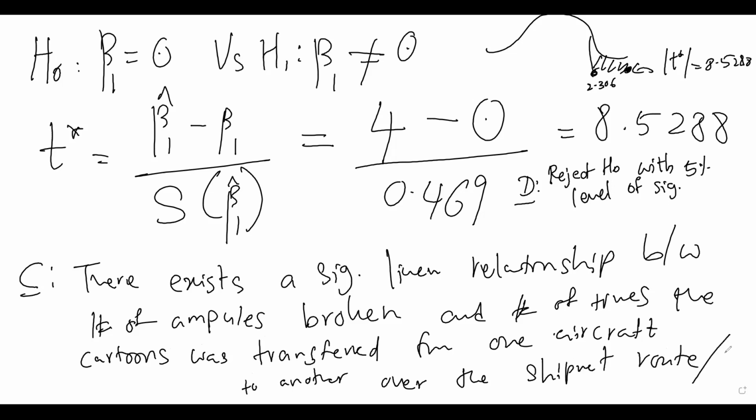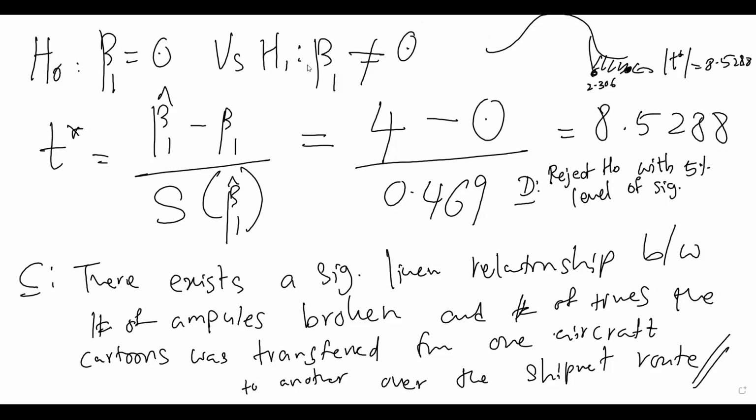So this is like writing a paragraph. You don't have to write paragraphs and essays here. Just one or two sentences is enough, right? You don't mention any significance level or anything in this conclusion, but you must mention it in the decision, right? So how did you write this? You rejected H0, which means this is the one that is accepted, which means in the population, this model really exists, right? Beta 1 has some value which is different from 0, which means this model is significant for the population, right?